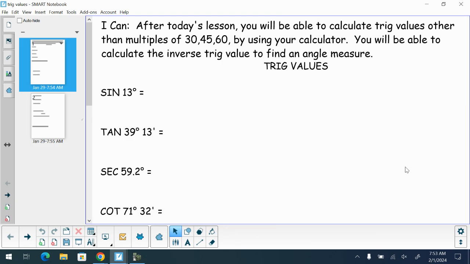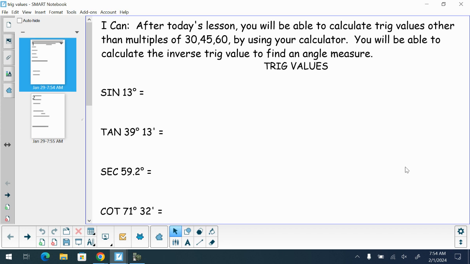For example, the sine of 13 degrees. There are no relationships that we can come up with for a 13-degree angle in a right triangle.